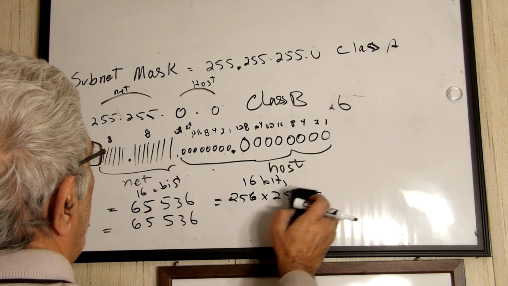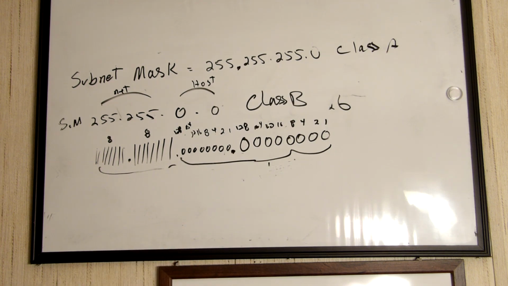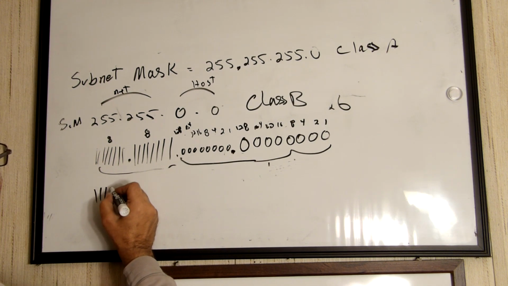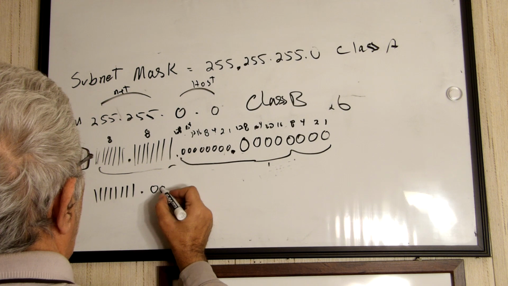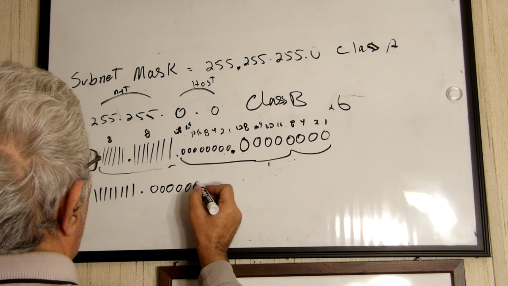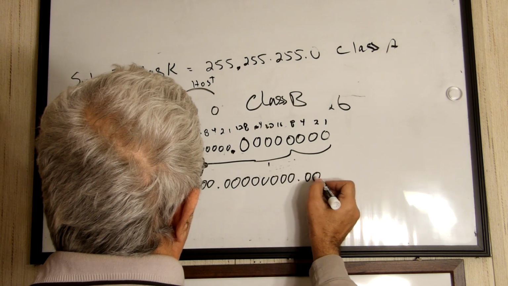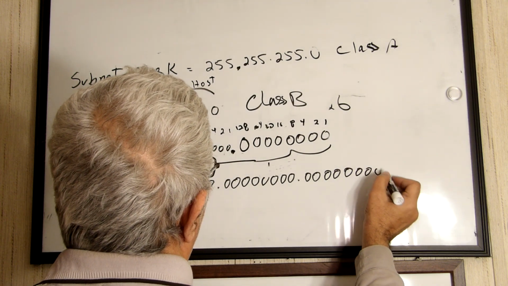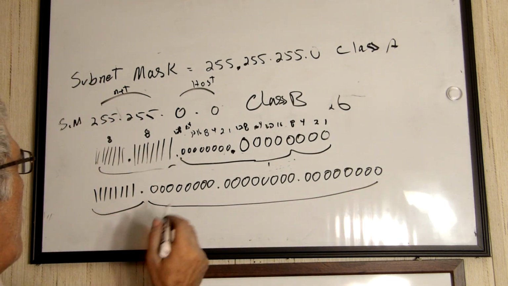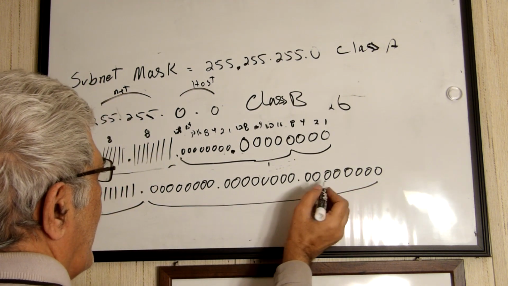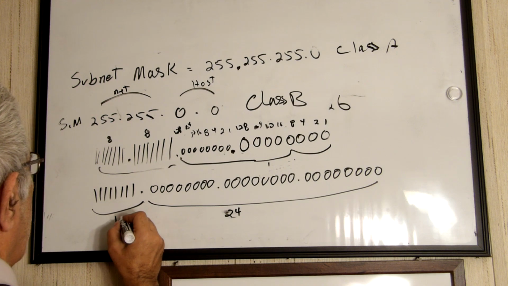Now we get to the point that we have class A. In class A the number of hosts is much bigger. This is 8, 16, 24, and this is 8.